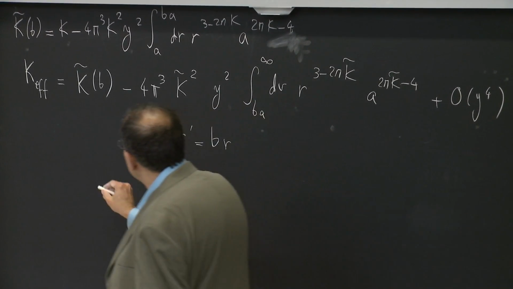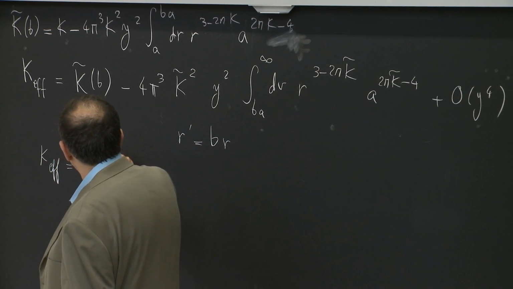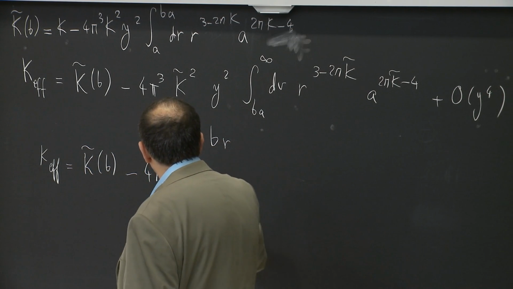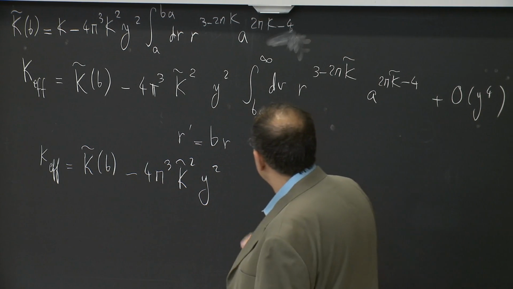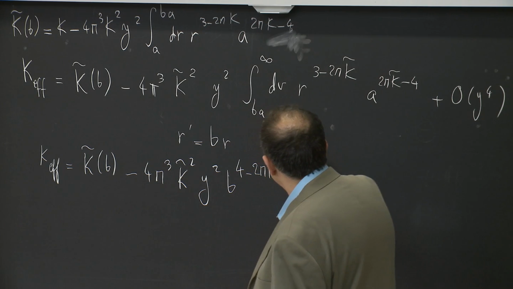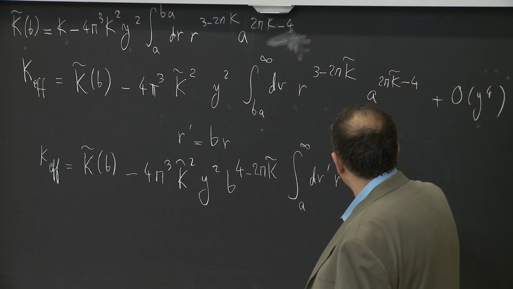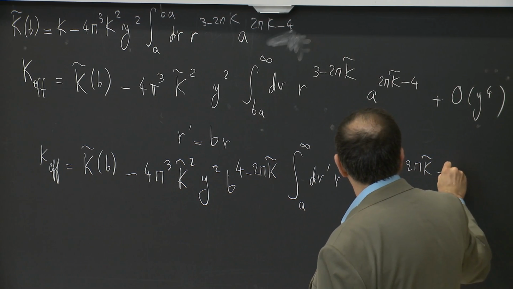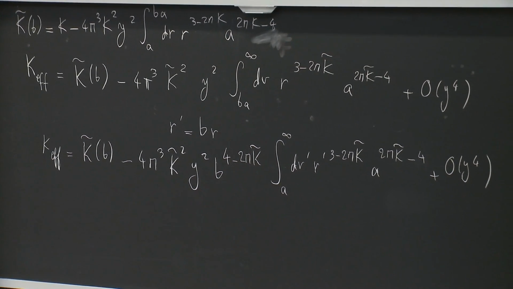So then this whole thing becomes K effective is K tilde minus 4π³ K tilde² y². Because of the transformation that I did over here, I will get a factor of b^(4−2πK tilde) ∫ from a to infinity dr' r'^(3−2πK tilde) a^(2πK tilde−4) plus order of y⁴. Okay?